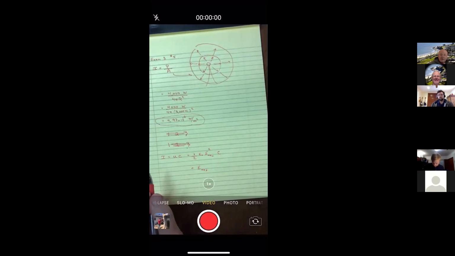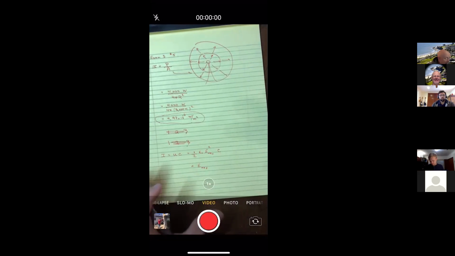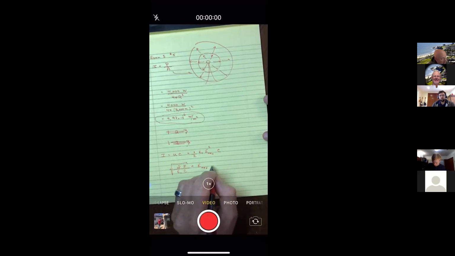And the reason, of course, they're called electromagnetic waves is they have an electric and a magnetic component. All right, so this would be 2 times the intensity divided by the permittivity of free space divided by the speed of light, and then the square root.